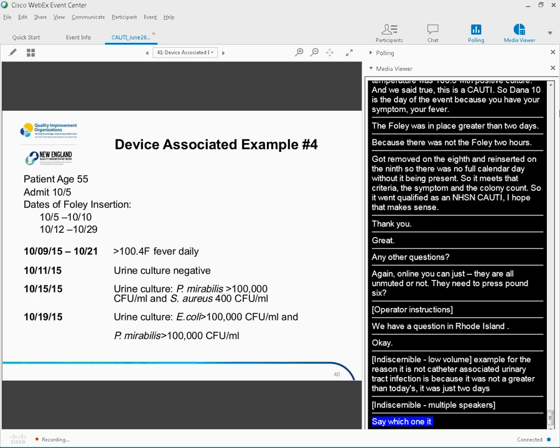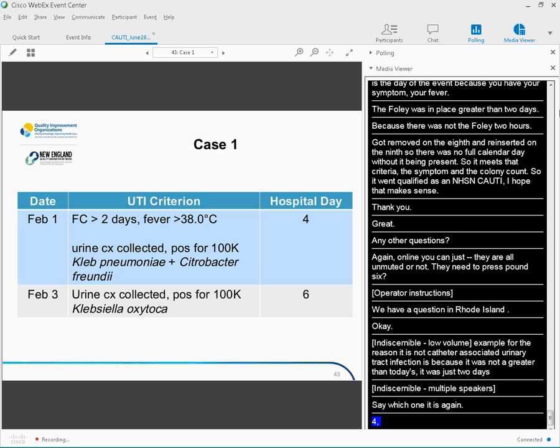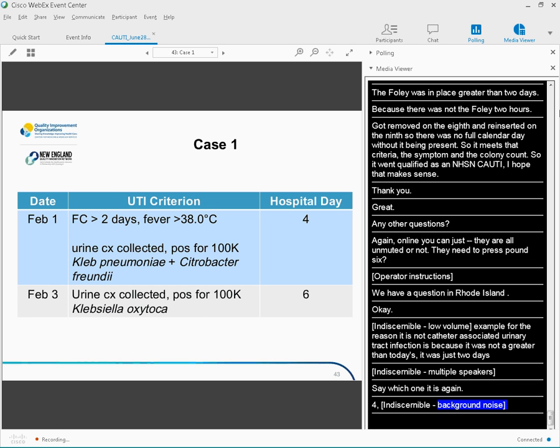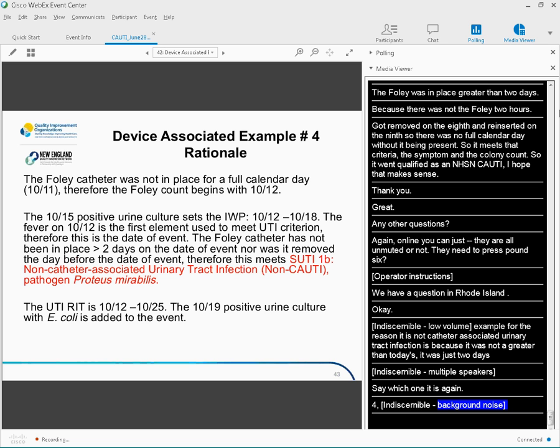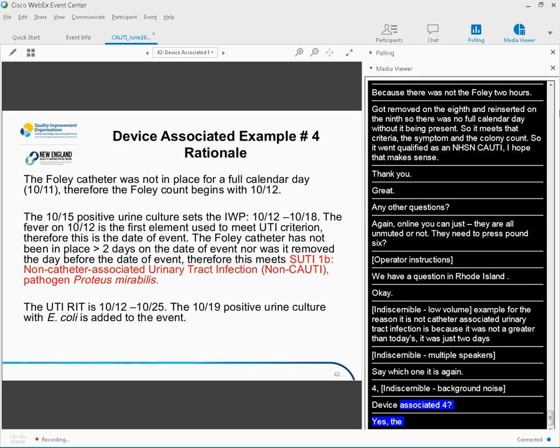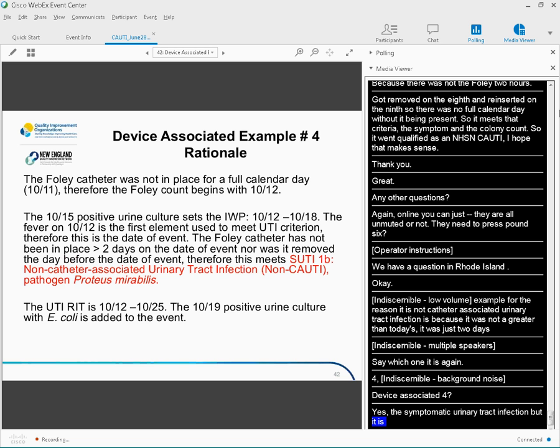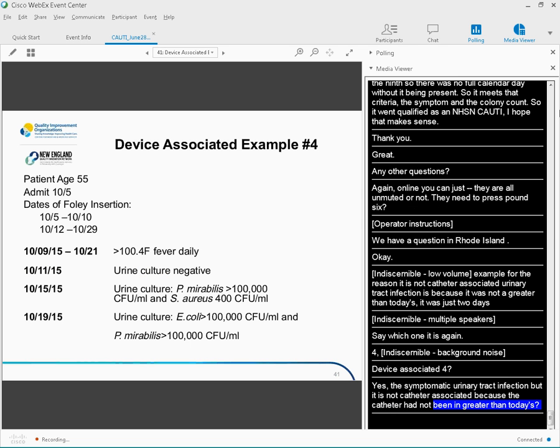It's a symptomatic urinary tract infection, but it's not catheter-associated because the catheter hadn't been in greater than 2 days. The catheter was in the first part, it wasn't in long enough.